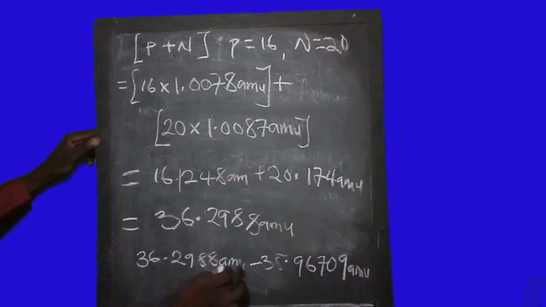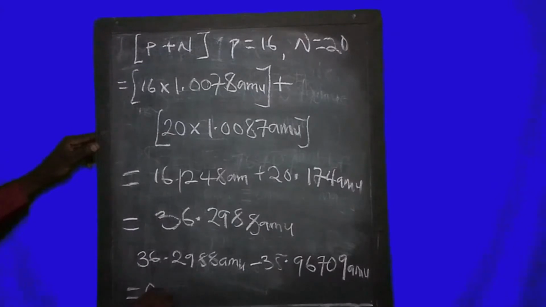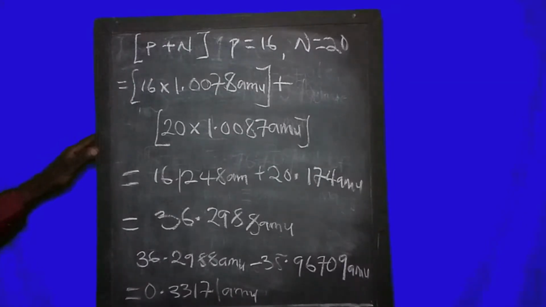So we are subtracting 35.96709 AMU out of 36.2988 AMU. Definitely you are going to have something of this nature: 0.33171 AMU. So here you have gotten your mass in atomic mass units.